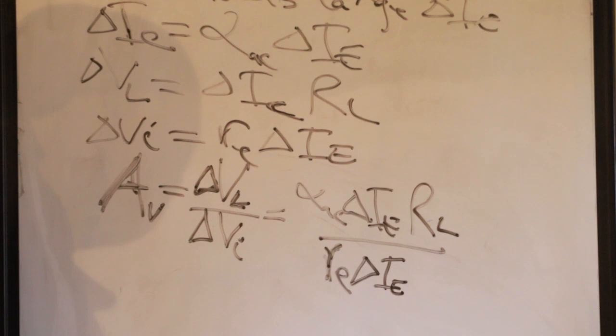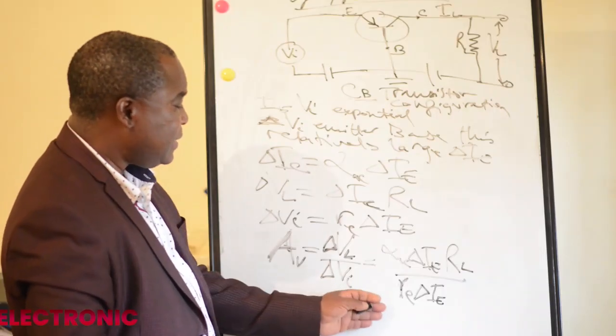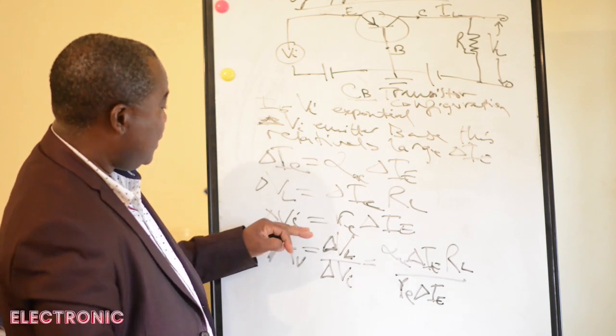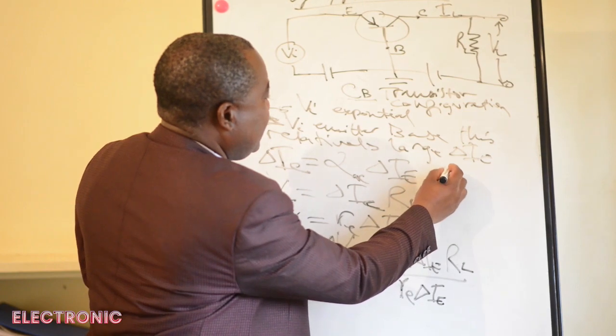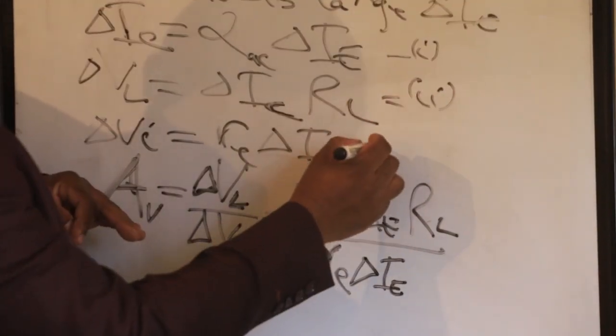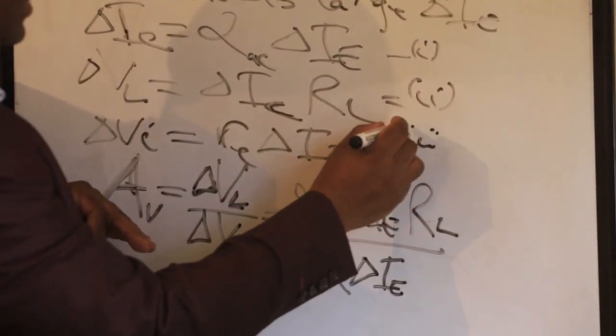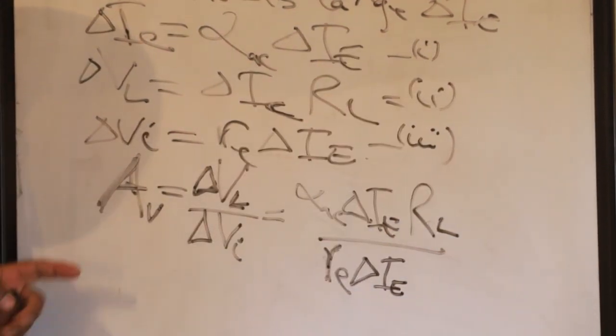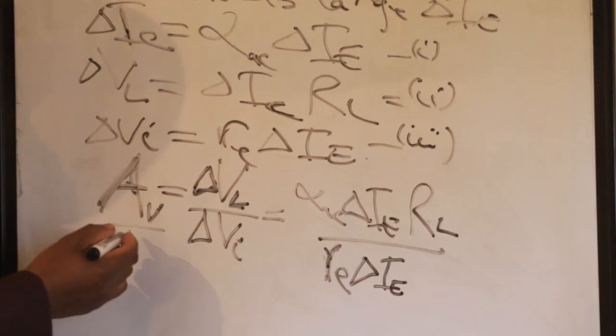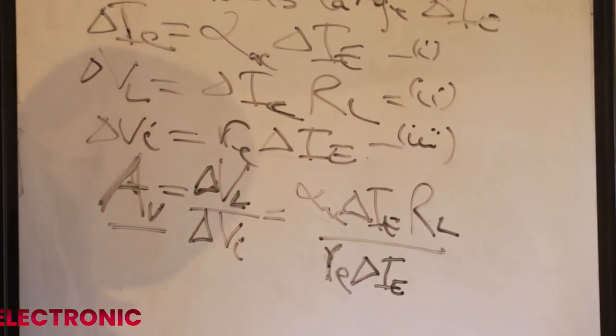This is our formula here. This is the first formula. This is our second formula. And this is our third formula. These are just equations. Our third equation gives the voltage amplification.